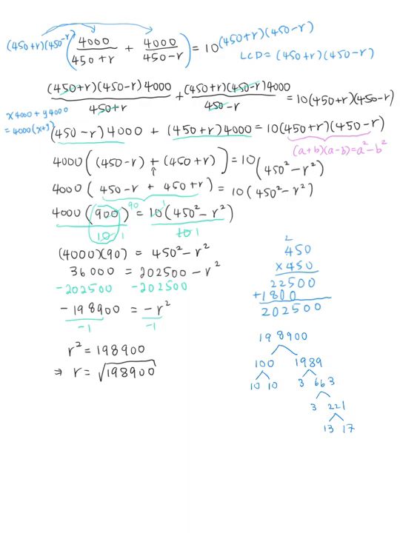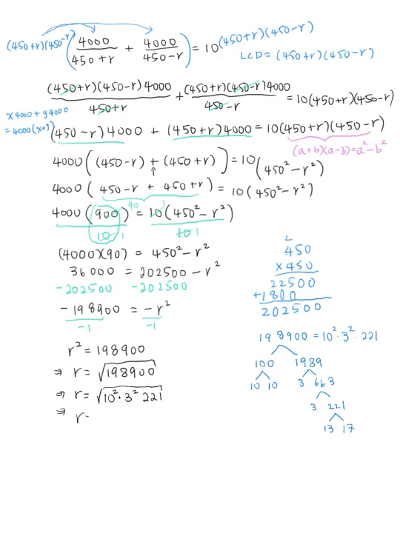But anyways, those are prime numbers, so we're just going to leave 221 as is. Well, let me just try to rewrite this. So we got this crazy number equals 10 squared times 3 squared times 13 times 17, which we cannot break down any further. So I'm just going to leave it as 221. So let's go back over here. That implies that r equals 10 squared times 3 squared times 221.